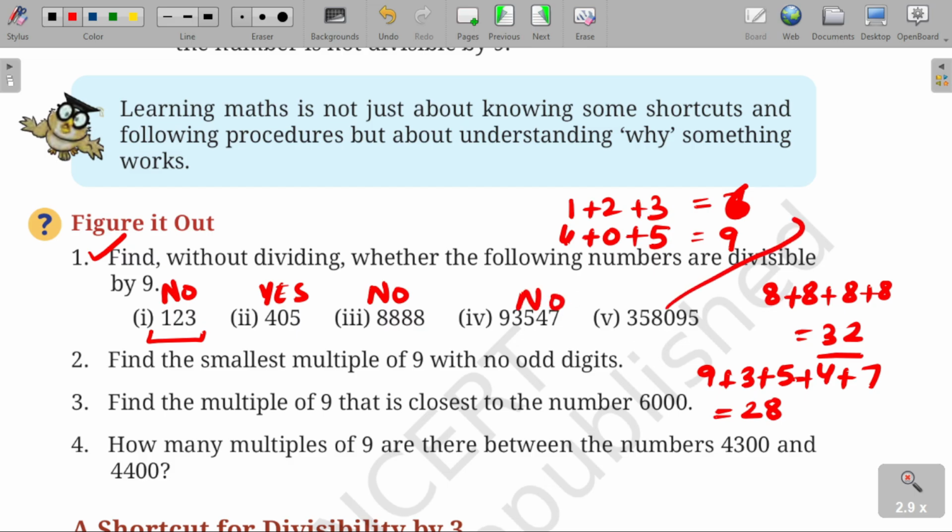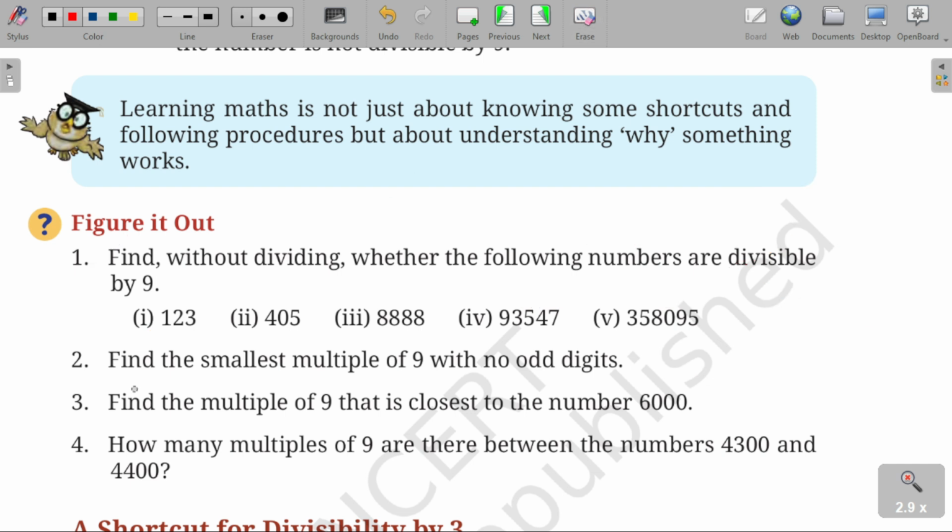Now for this, 3 plus 5 plus 8 plus 0 plus 9 plus 5. It is 30. So again, no, this is also not divisible by 9. Clear? So this is the answer of first question.